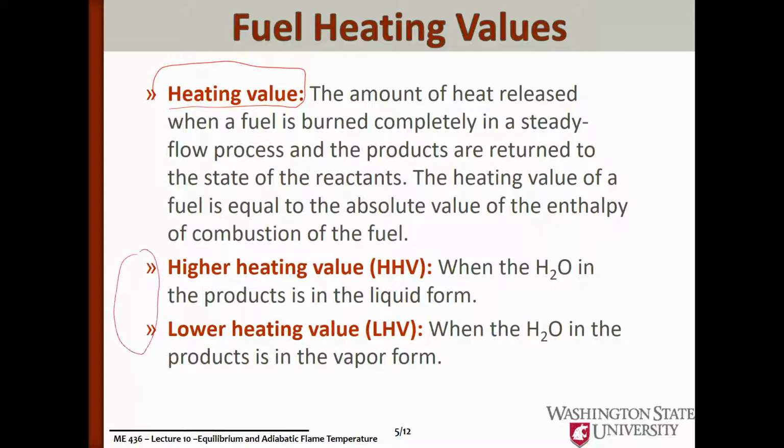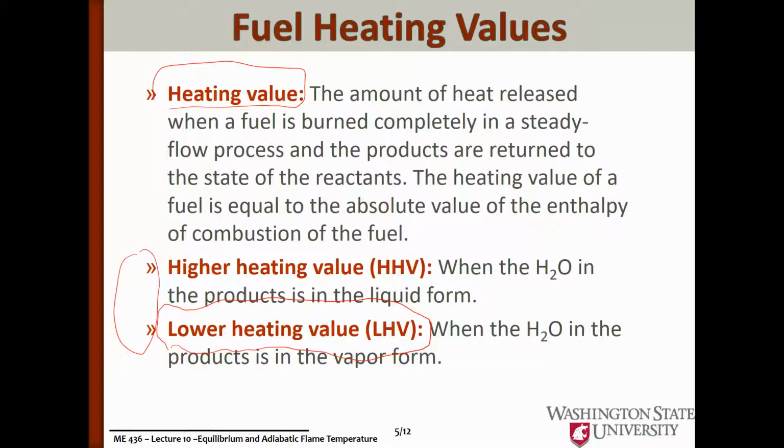Two versions of the heating value exist. The higher heating value refers to the larger number, and the lower heating value is a slightly smaller number. The difference is, if we burn something and the resulting products have a significant amount of vapor, but the water is still in its vapor form, the amount of energy released while the water stays as a vapor is the lower heating value.